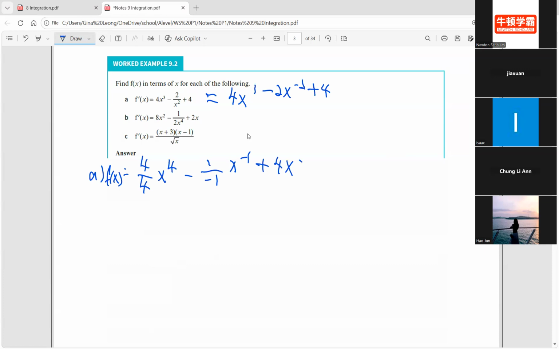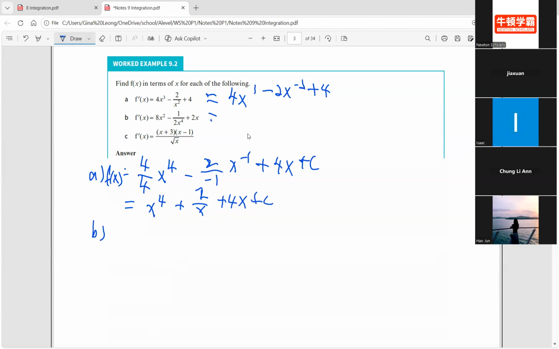We still need to plus c because we don't know the constant at the back. Final answer will be x power 4, minus, it is plus, 1 over x. Sorry, it's 2. Here is 2. 2 over x, plus 4x plus c.